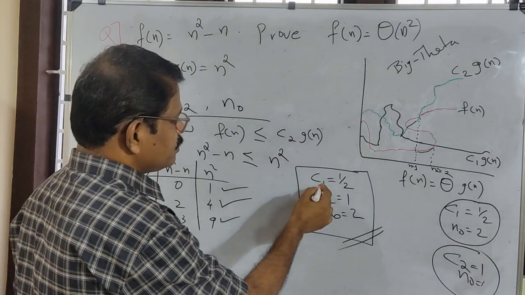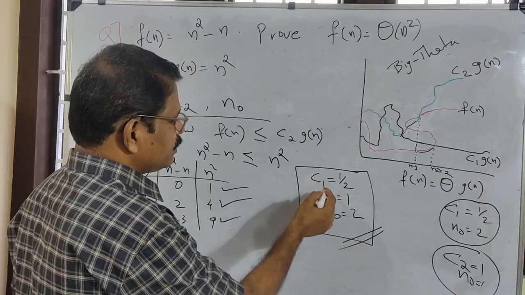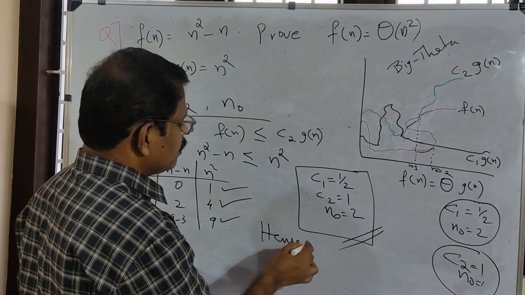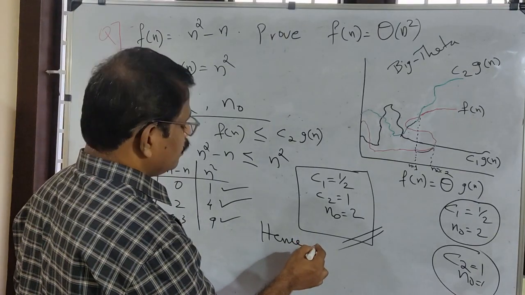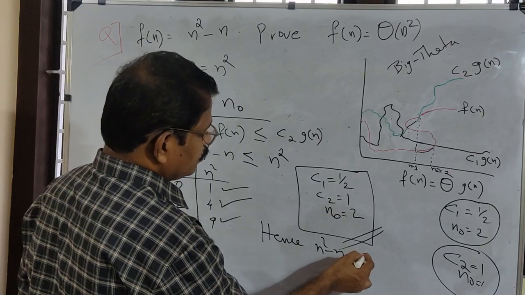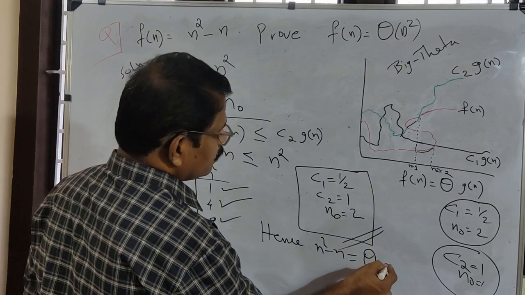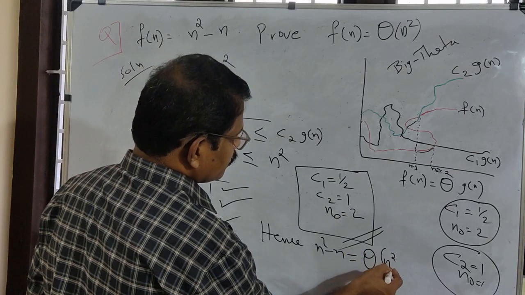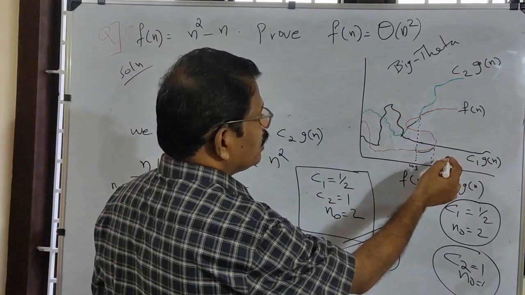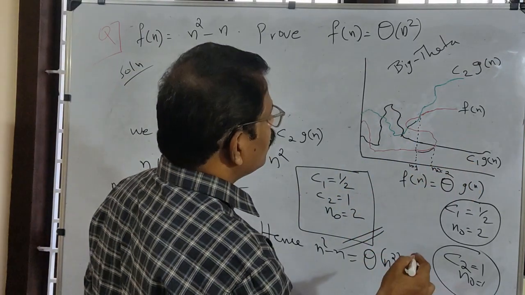We have obtained a set of 3 positive constants c1, c2 and n0. Hence f of n or n square minus n is of order Big-Theta n square. C2 into g of n is the upper bound and c1 into g of n is the lower bound.